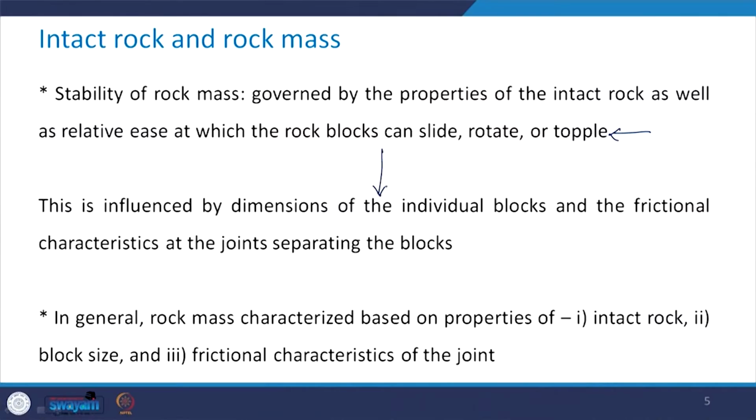And this whole thing, that is sliding, rotating or toppling, is influenced by the dimension of the individual blocks and frictional characteristic at the joints which are separating these blocks. So, if these joints are not there, there are not going to be any blocks, and therefore, there will not be any question of all these phenomena to happen. So, in general, the rock mass is characterized based on the properties of intact rock, block size and frictional characteristic of the joint.